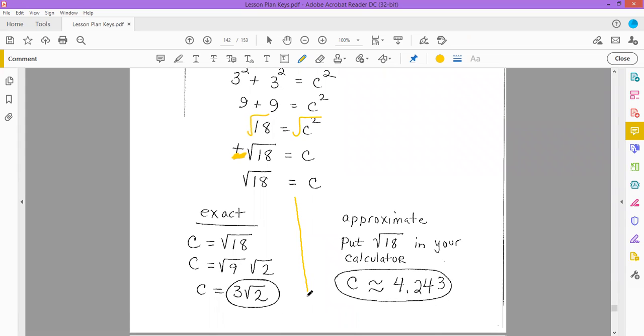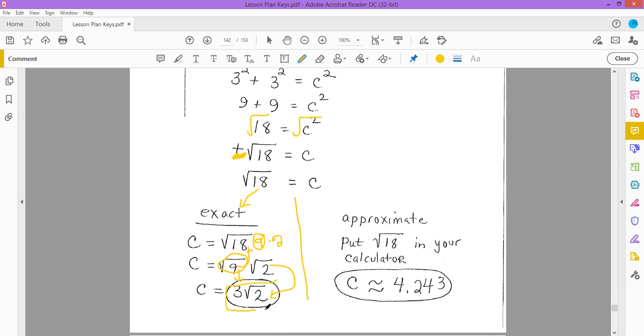To get our exact answer means keep the square root symbol. Find the largest perfect square number that can be divided evenly into 18, and it's 9. 9 times 2 gives us 18. And since we know the square root of 9, we can pull that out of the square root symbol. The square root of 9 is 3, and we keep the 2 underneath the square root symbol.